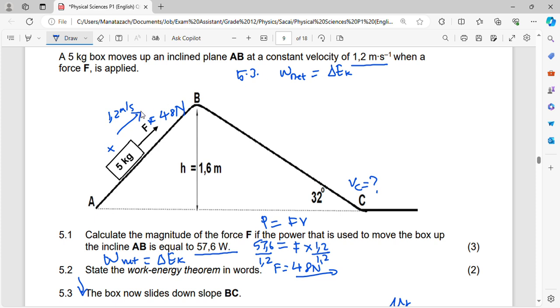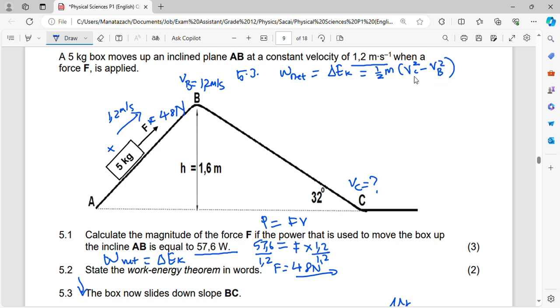The block is moving up at a speed of 1,2 meters per second until point B. So at point B we have an initial velocity of 1,2 meters per second, and we need to get the velocity at point C. Using the formula of the change in kinetic energy, you'll have 1/2 mass times velocity at C, which is the final velocity, squared, minus velocity at B squared.